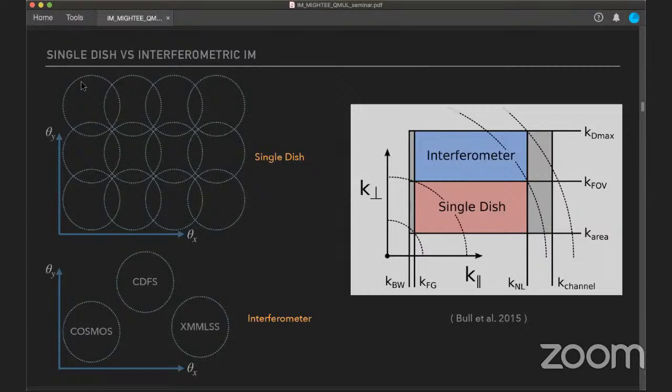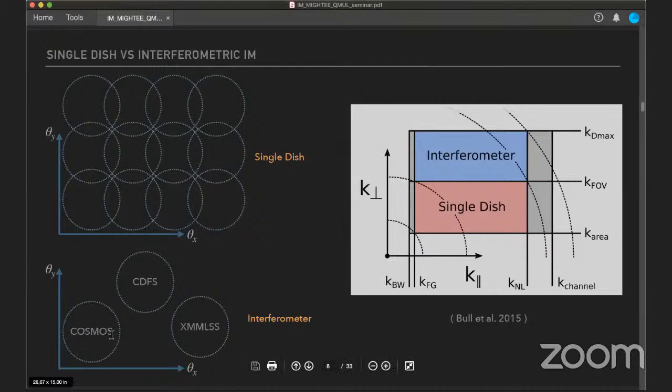In comparison, in the interferometer mode, we are restricted to a single field of view. So the idea here is to point your telescope in interferometry mode to various fields, say COSMOS, CDFS, XMM-LSS, and study the structure inside the field of view.